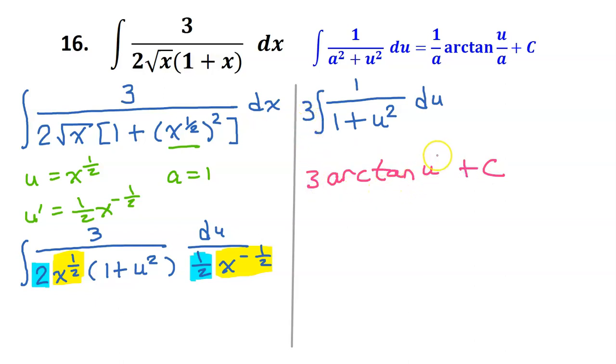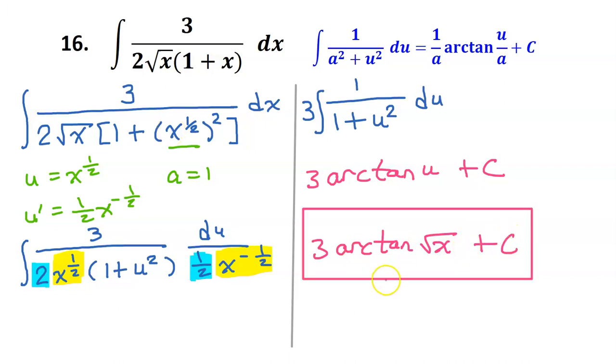So there it is. Substituting x to the 1/2 power back in for u. And in fact, I think I'll go ahead and write it as the square root. It's just a little tidier. It doesn't really matter. But we will have 3 times arctangent square root of x plus c. Amazing.